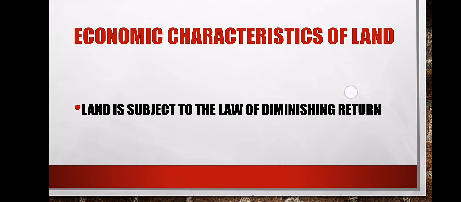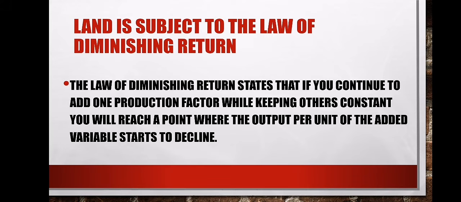But then let's look at it. I have put it in this way. The law of diminishing return states that if you continue to add one production factor while keeping others constant, you will reach a point where the output per unit of the added variable starts to decline.